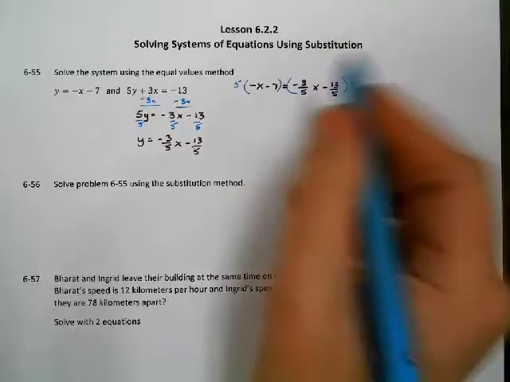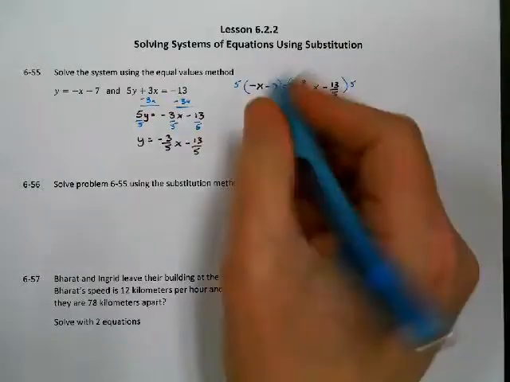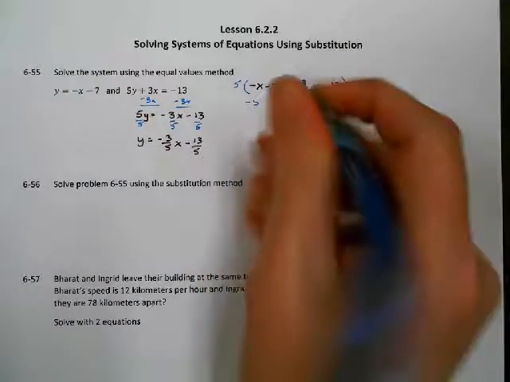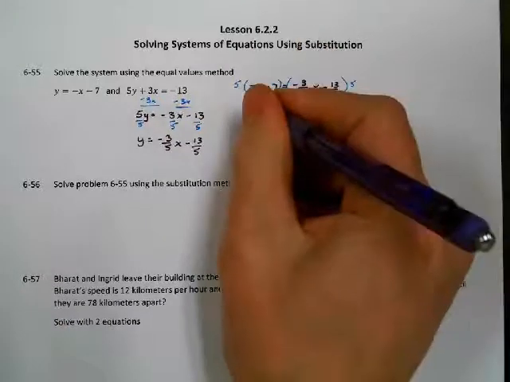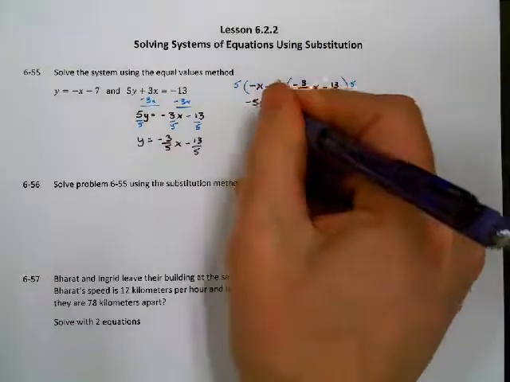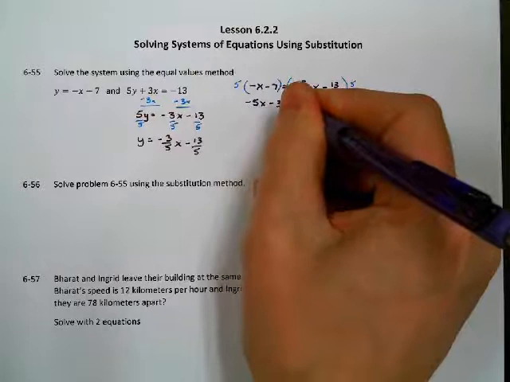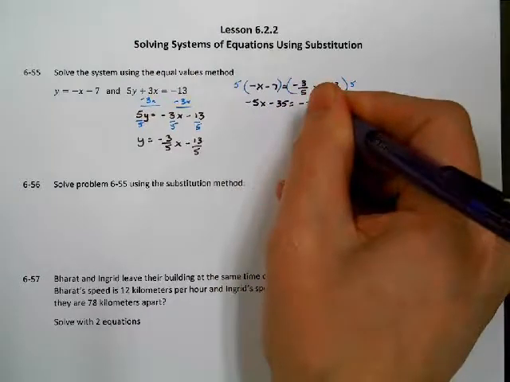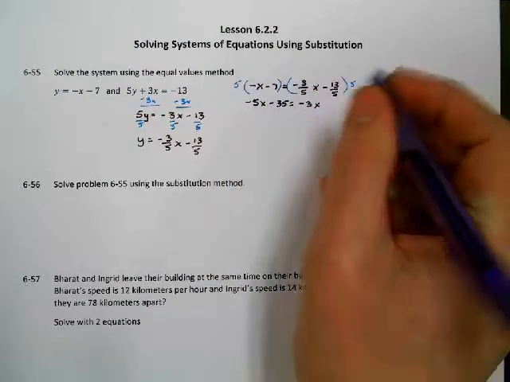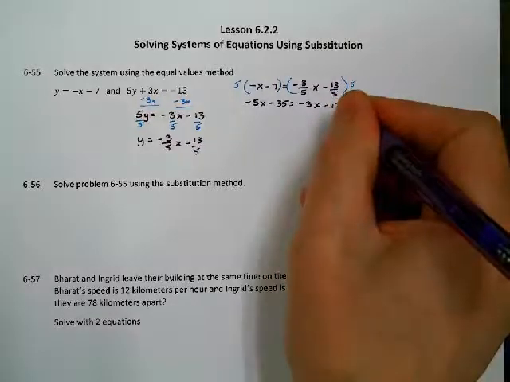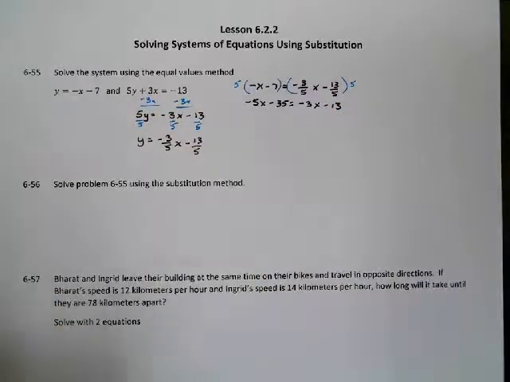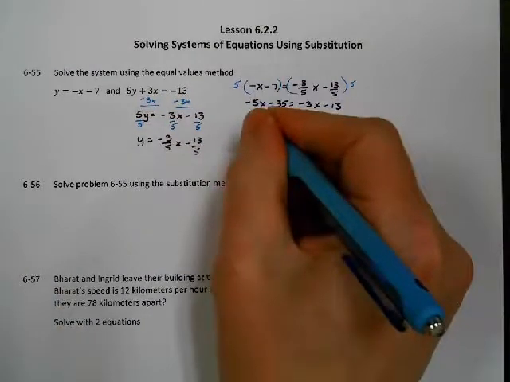So if I multiply everything by 5 using my multiplication property of equality, I get negative 5x minus 35 equals negative 3x minus 13. Okay, so at this point, I would probably add 5x to both sides.